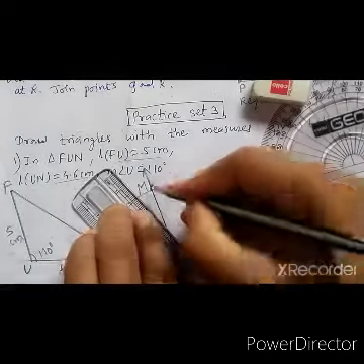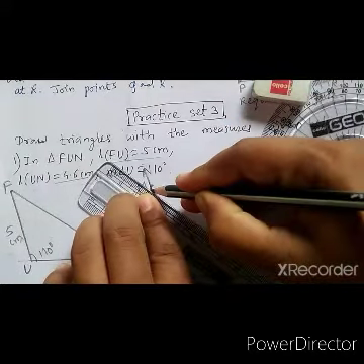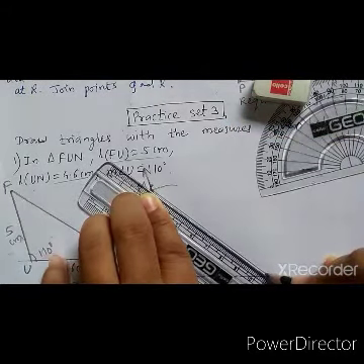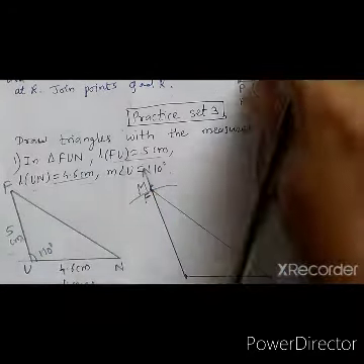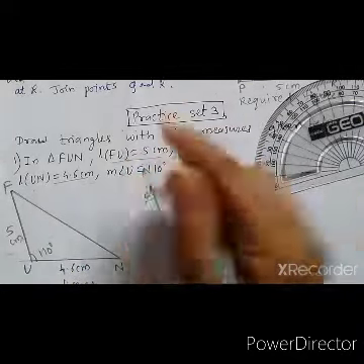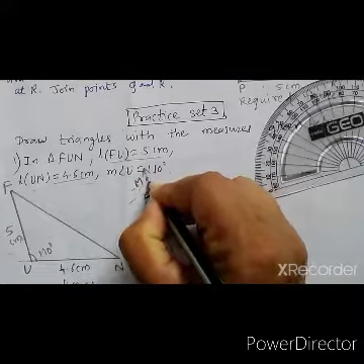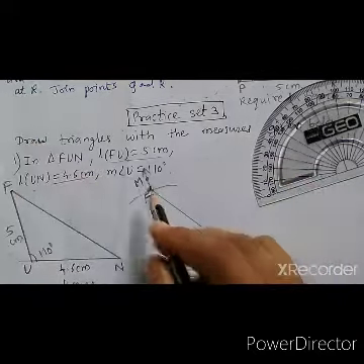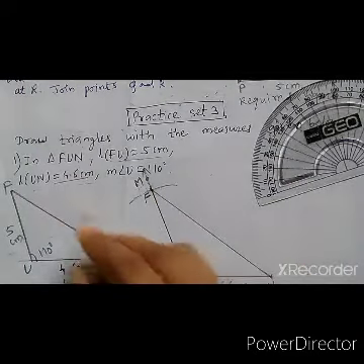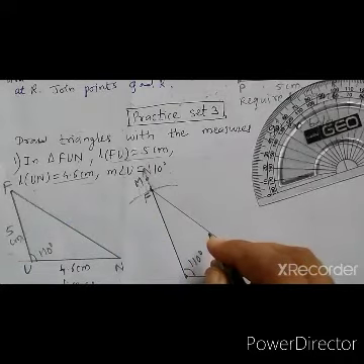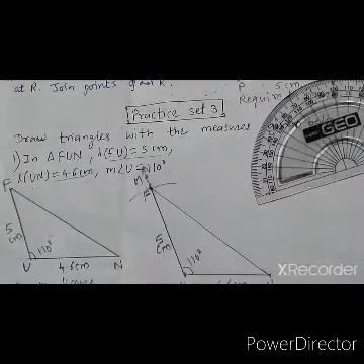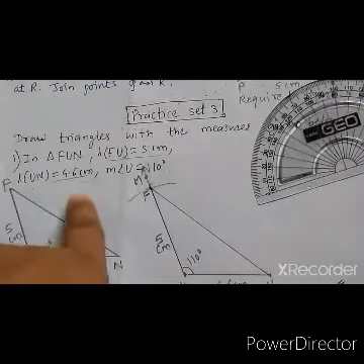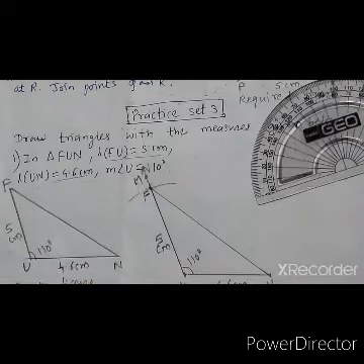Now join these 2 points and give this point F. Now we got triangle FUN. Angle U is equal to 110 degree, which is an obtuse angle. Length of FU is 5 centimeter and UN is 4.6 centimeter. So this is the required figure.